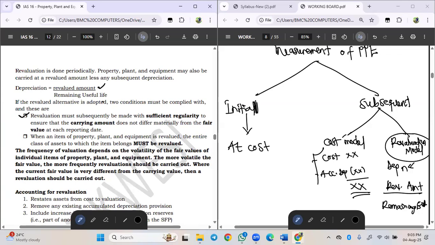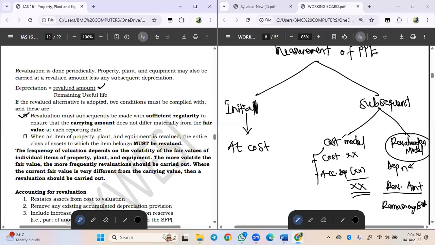So if the fair value is materially different, we know what material means in accounting: when that omission can influence the economic decision of the user.